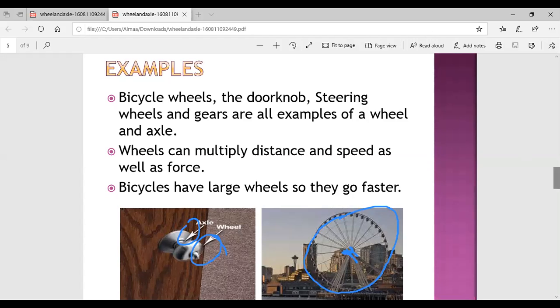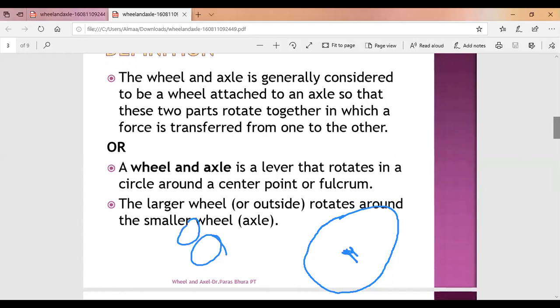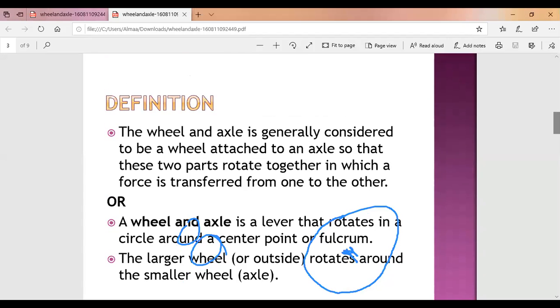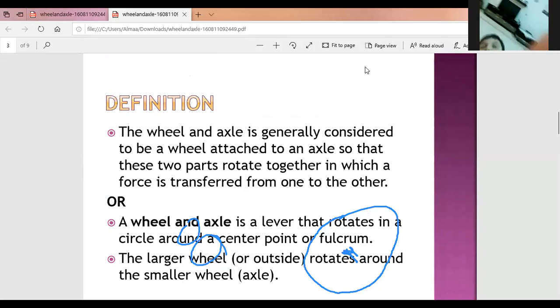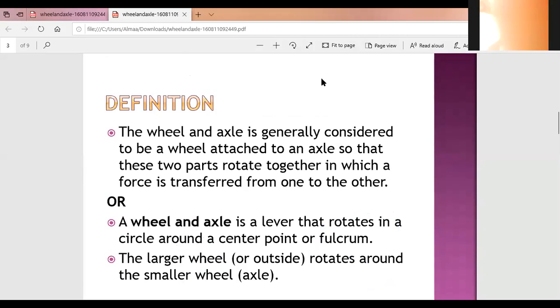I will explain this again for the last time, before I show you a video that will explain this lesson for you. Okay, so as I told you, we are using the wheel and axle to create some kind of work or force.